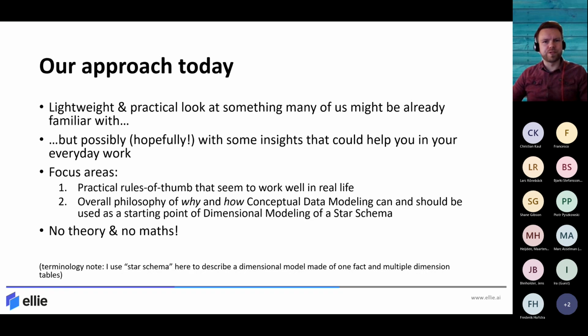And by a conceptual data model, I mean the usual way of doing modeling: a more or less normalized model where all the entities are things that exist in the real world, and then you have the relationships and so on. So that's a higher level understanding, and then we have the more focused idea of what we want to do with that data.